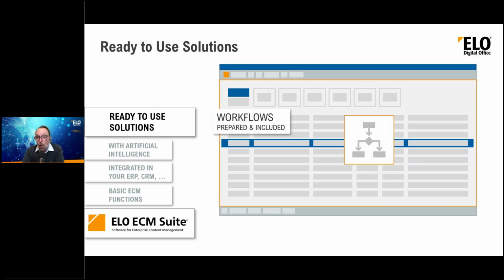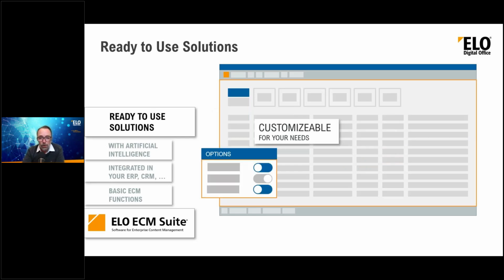It comes with workflows. They're prepared and included as well, which you can customize as well, because maybe you need it in a little bit different way than we are delivering the workflow to you. And the whole solution is customizable for your needs. So you can customize the solutions as you need them, or you can use them as they come.